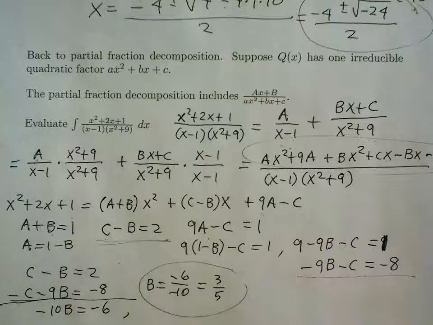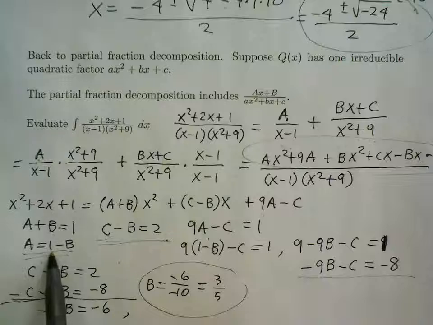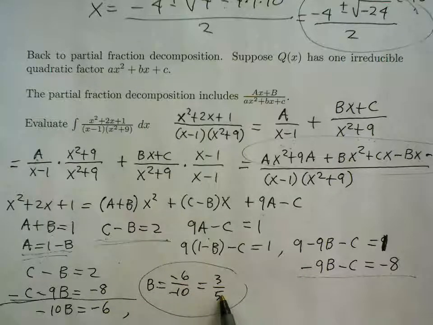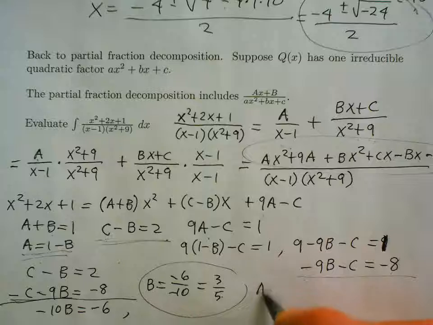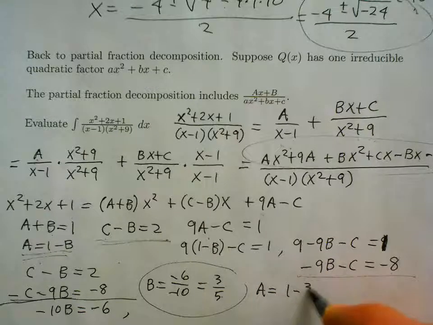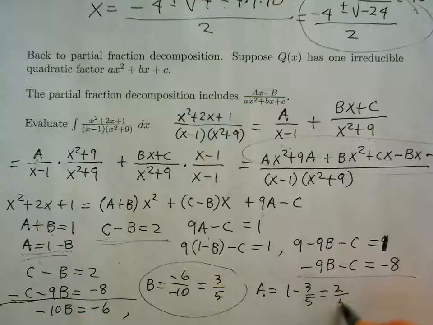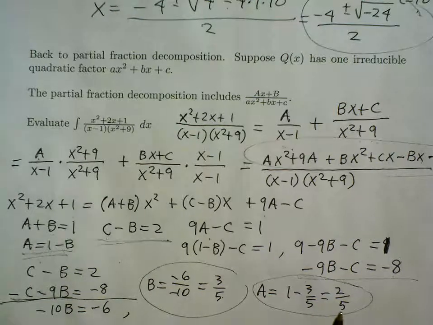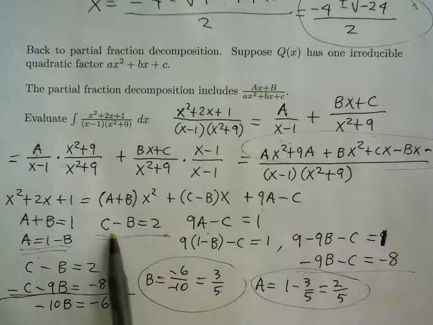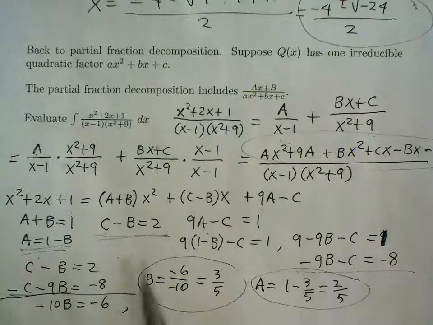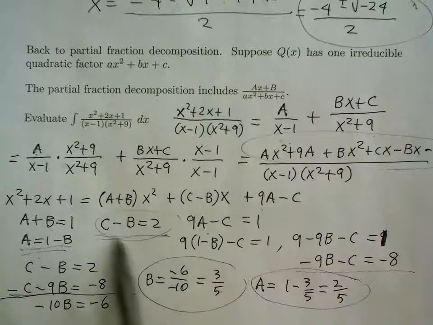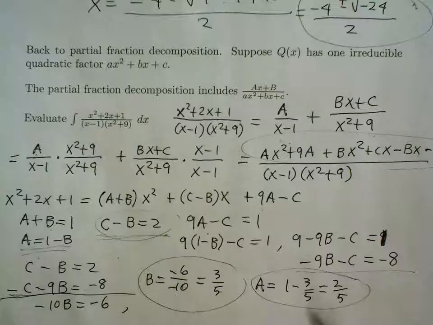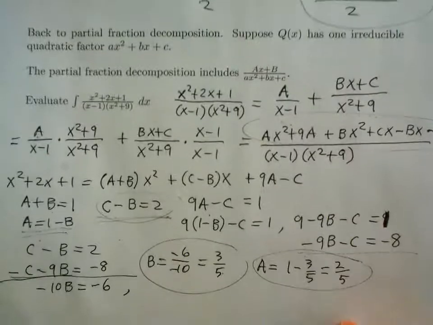Now we can find A and C. We have the equation A equals 1 minus B. Since B is 3/5, A is 1 minus 3/5, which is 2/5. That's the value of A. We can solve for C using the equation C minus B equals 2.